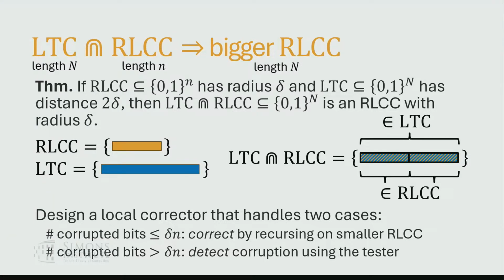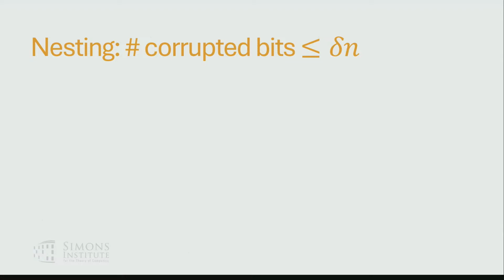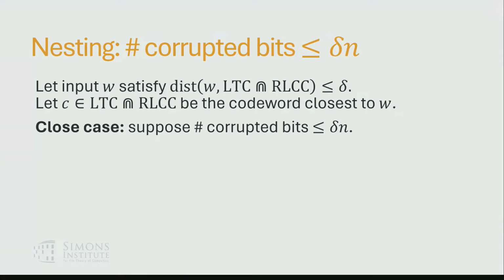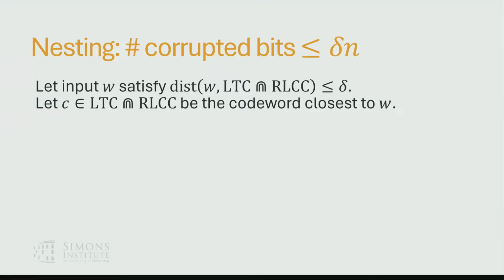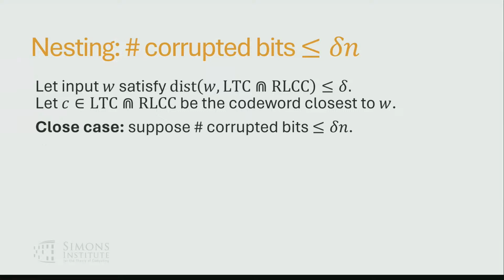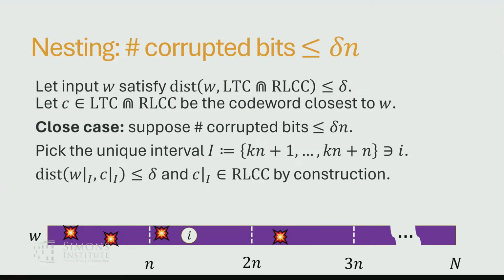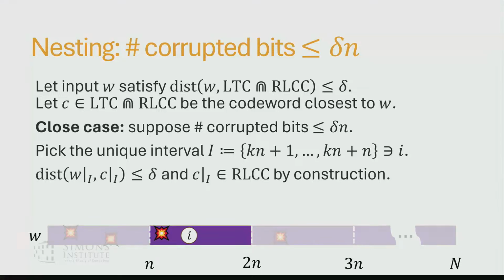Right. So starting with the first case, if the number of corrupted bits is less than delta little n, we have this input w. If the number of corrupted bits is really small, then just by picking the appropriate substring, which contains the index that we want, we already know that the distance in this substring is low enough that we can recurse on the smaller local corrector.